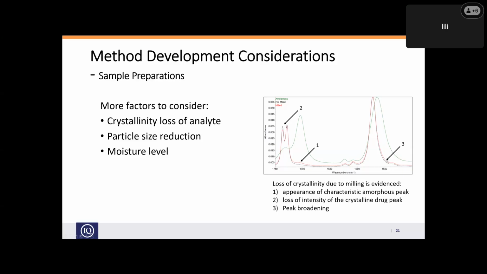This also indicates that amorphous content is generated compared to the unmilled sample. So when the sample is being prepared, we need to be careful not to generate additional amorphous content or alter the amorphous content or crystallinity of the sample with the sample preparation technique.